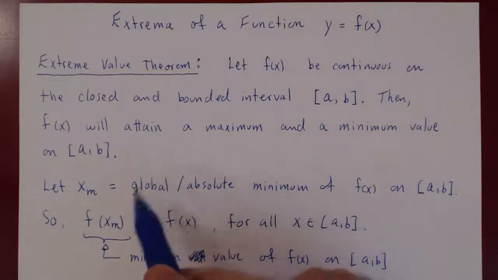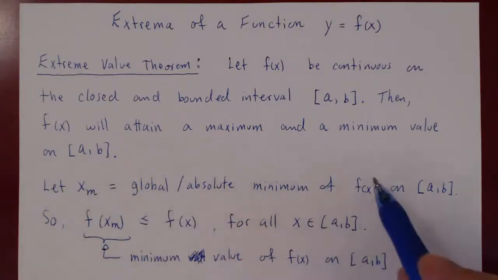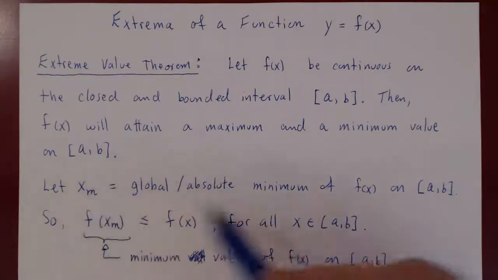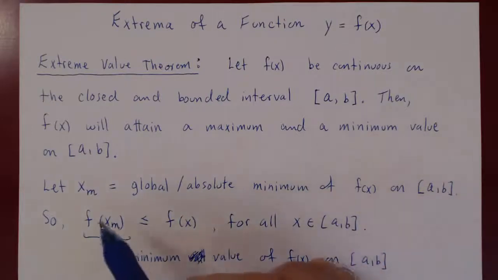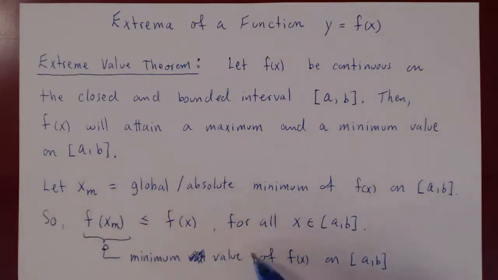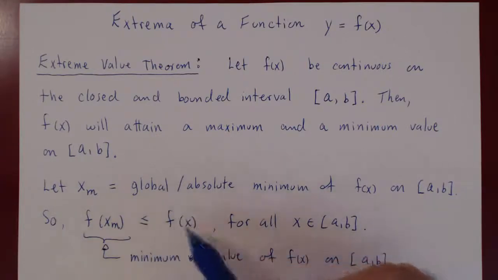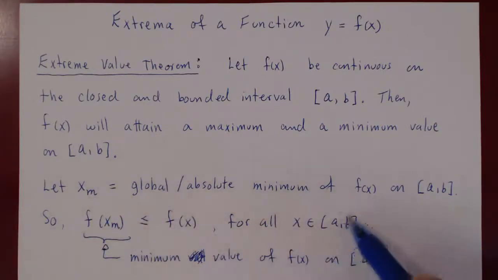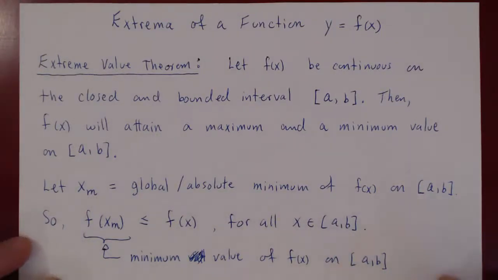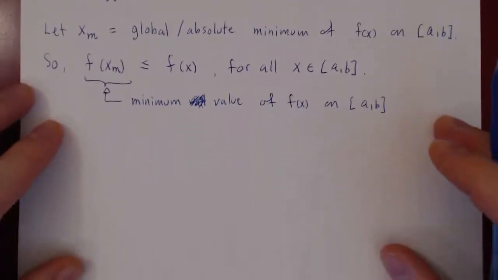So the global absolute minimum of the function is a value of x inside the interval where the function f attains its minimum value. So f of xm is less than or equal to f of x for any other value x in the interval. And of course we will use x subscript uppercase m for the absolute global maximum.